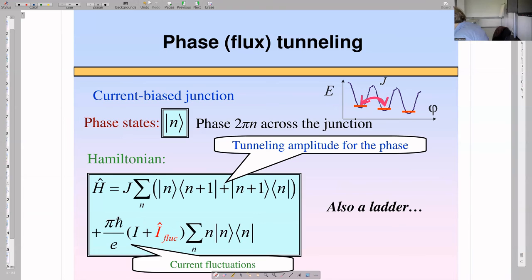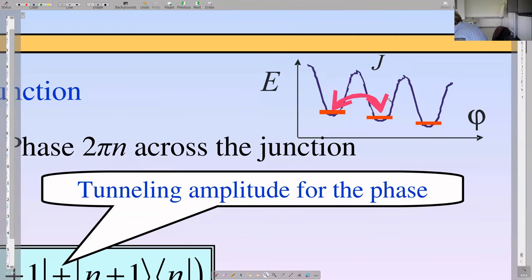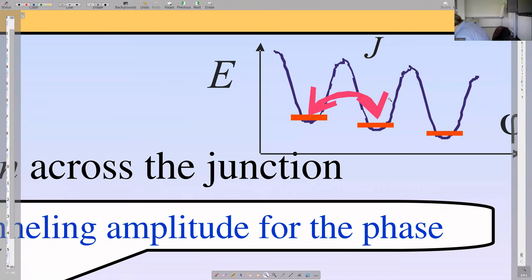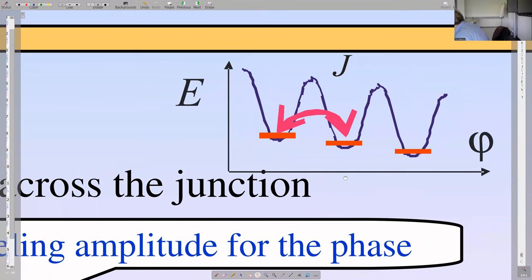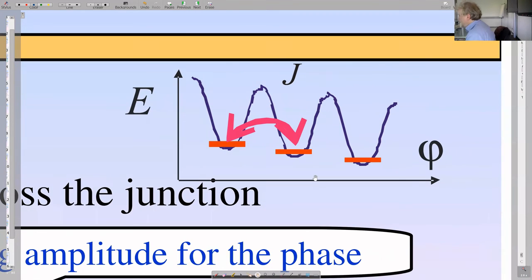Let us concentrate on this picture. Let us look at the washboard potential characterizing the Josephson junction. As you remember, in the Josephson junction the slope of the potential is given by the current.